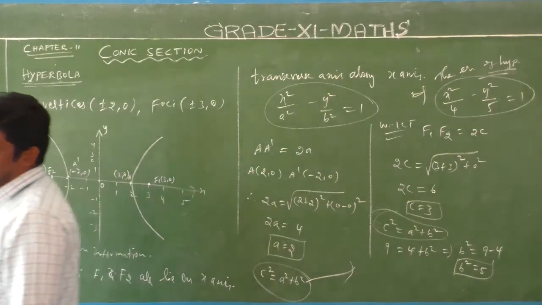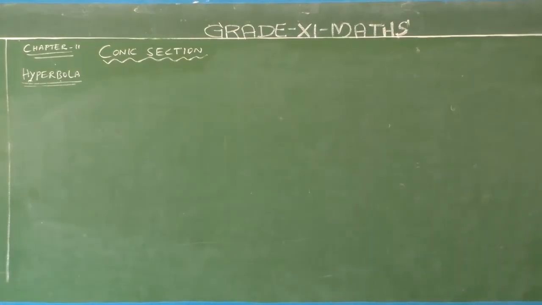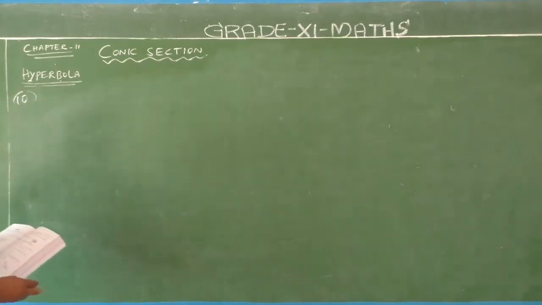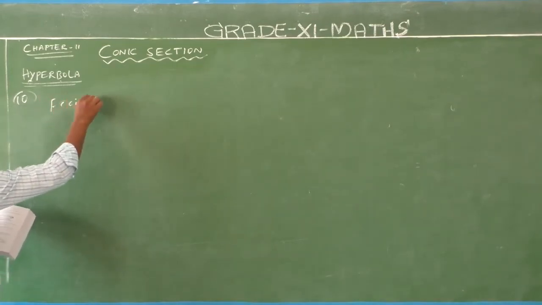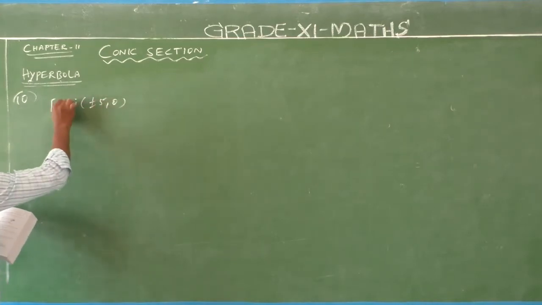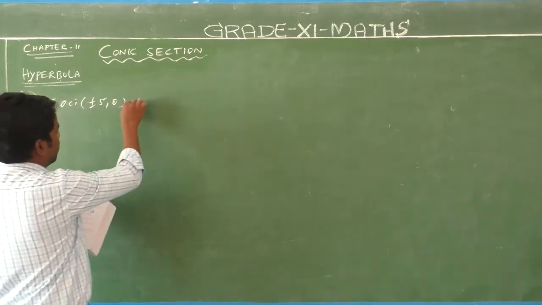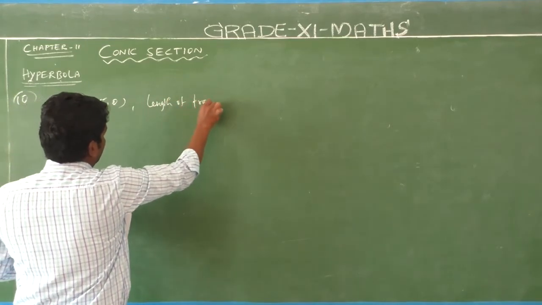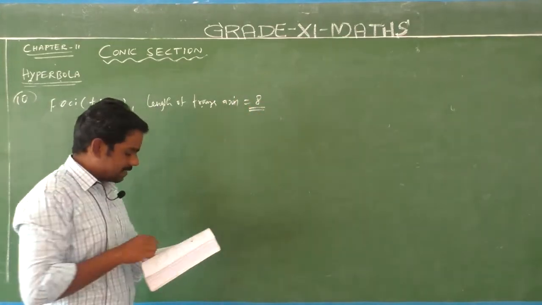Next, question number 10. The tenth question: the foci are plus or minus 5 comma 0, and the length of the transverse axis is 8.